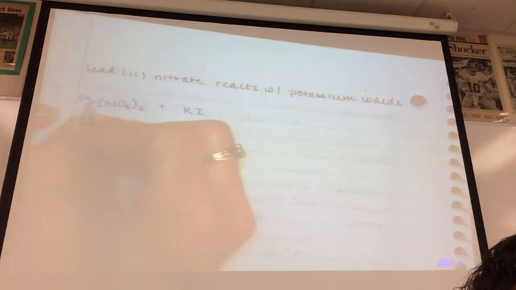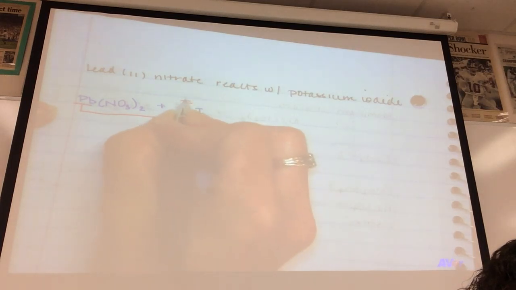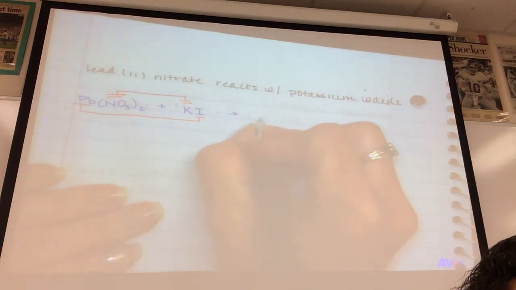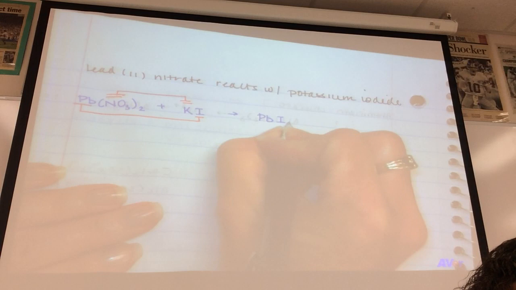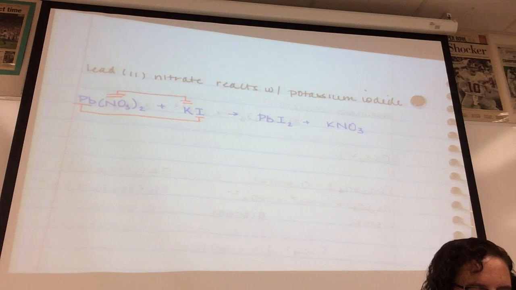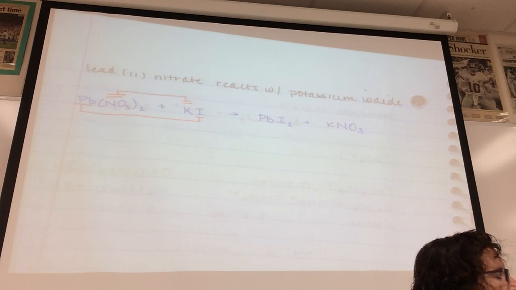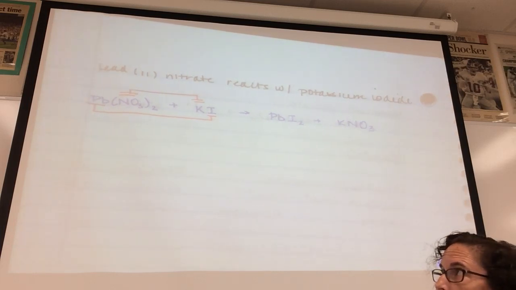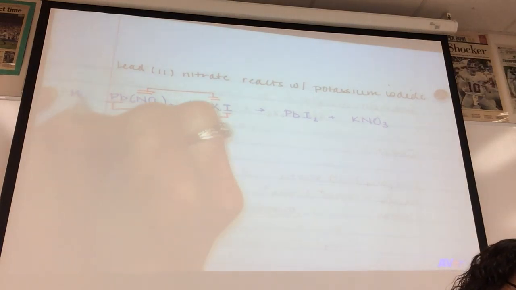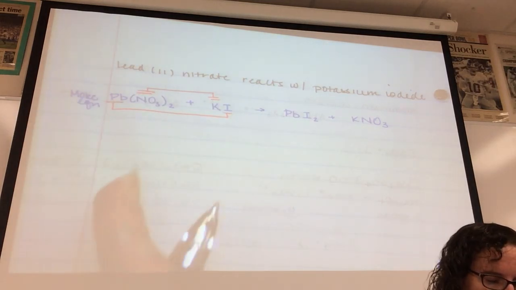And you would say, okay, we've got two compounds, we've got a double replacement. I'm going to put the insides together and the outsides together, and I would get lead 2 iodide plus potassium nitrate. And you'd be golden. You'd balance it off and you'd be done. I'm not going to balance it at this point. So what you have here is known as a molecular equation. And again, this is in your notes. Molecular equation, where essentially all formulas are written as compounds.